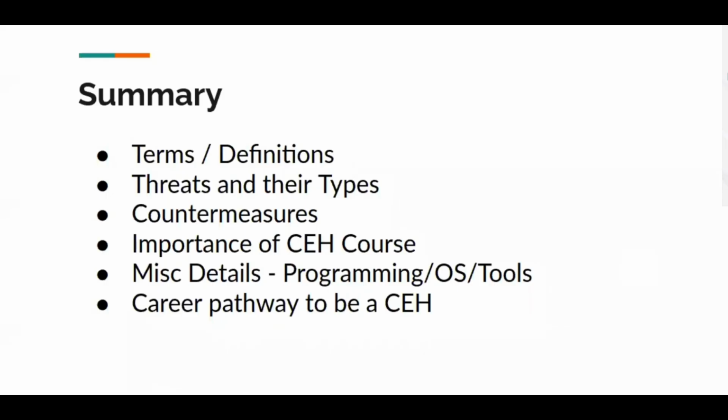Then the importance of using programming languages, operating systems, and other tools, both non-technical and technical skills that are required. And then a small career pathway to be a CEH. So that is it from my side.